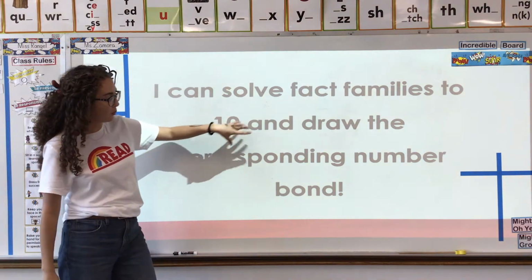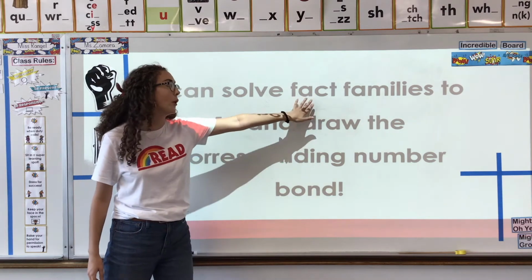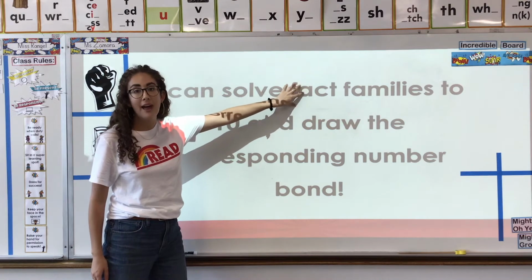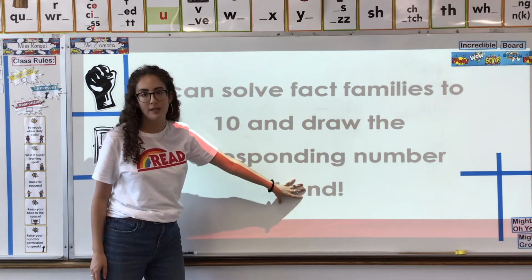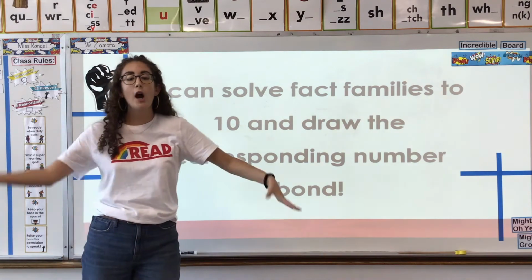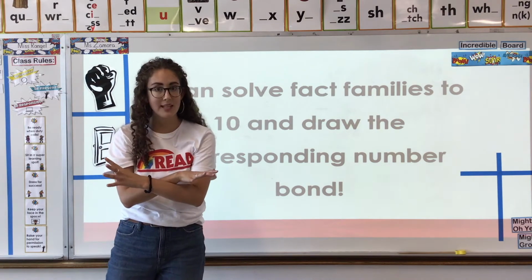So yesterday we started with our number bond and then we created the corresponding fact family. The fact family that related to the number bond, that showed the relationship. Today we are reversing the order, but we're going to be using the same skills.